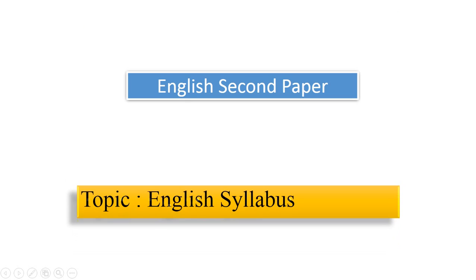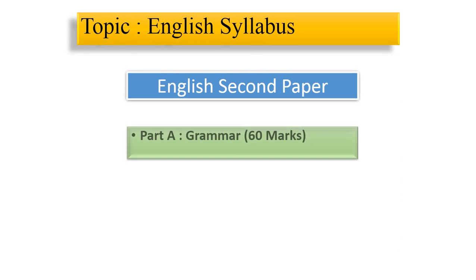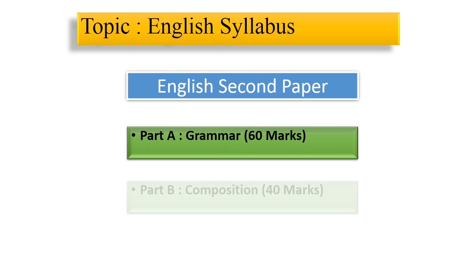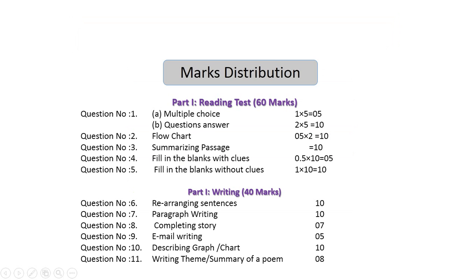English second paper, part A grammar 60 marks, part B composition 40 marks, 200 marks. There will be a 200 marks examination at the end of your academic session, so you must take care from the very beginning to have a good score.